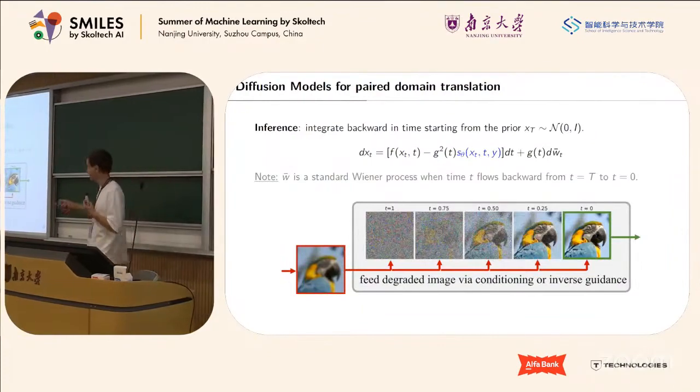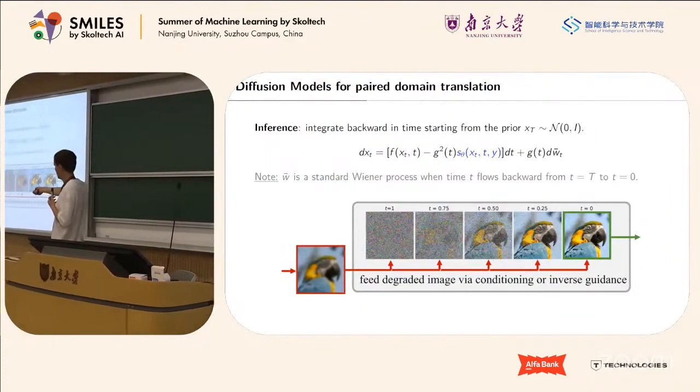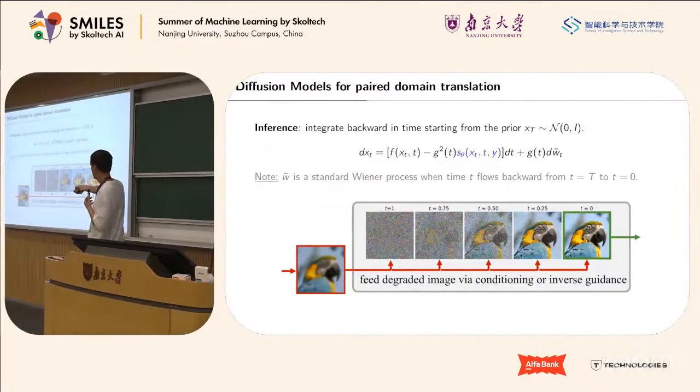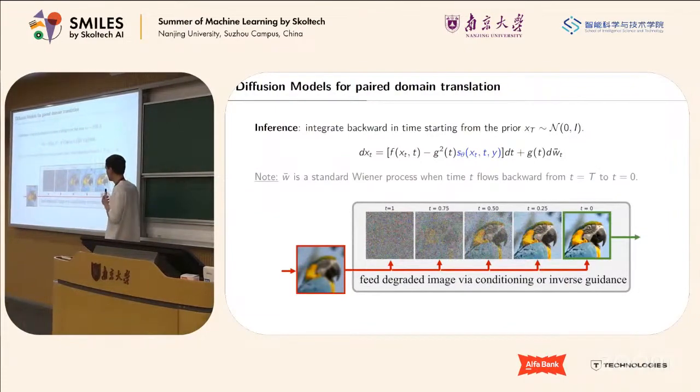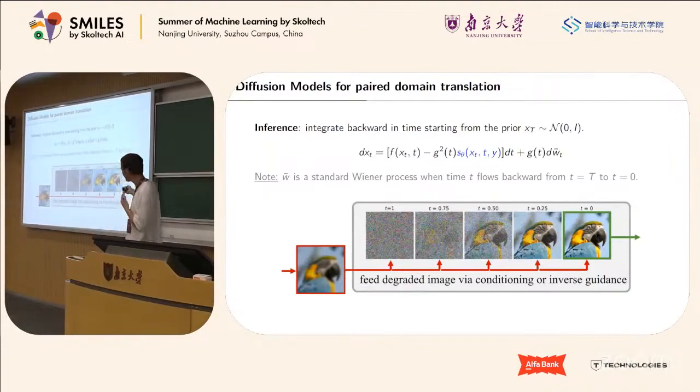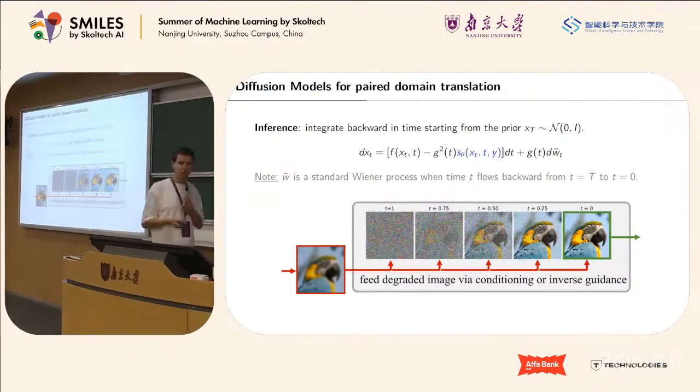You put your low resolution image y as a condition, and you model your denoising diffusion process by some numerical scheme like Euler-Maruyama, and in the end, you obtain not some random image, but an image which corresponds to this low resolution condition, because your score function, your neural network, which you learn, is a conditional one.